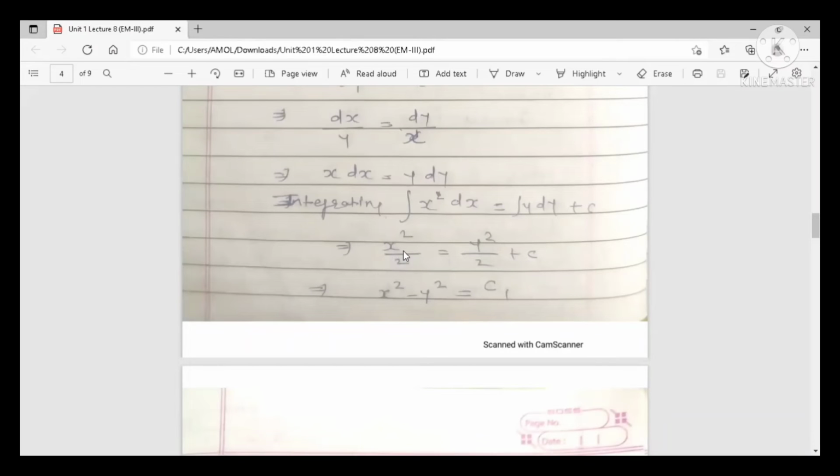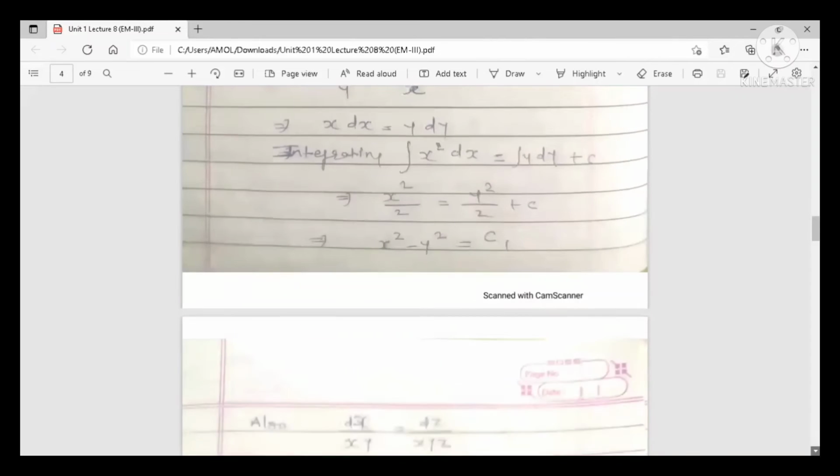So if we multiply every term by 2, then the term will be x square minus y square is equal to 2c. 2c is again a new constant called c1. So the solution is x square minus y square is equal to c1.